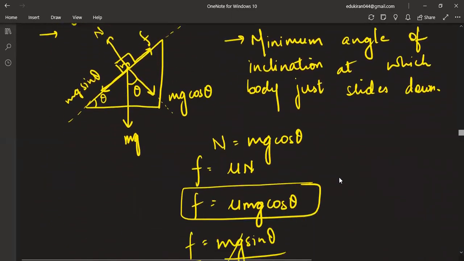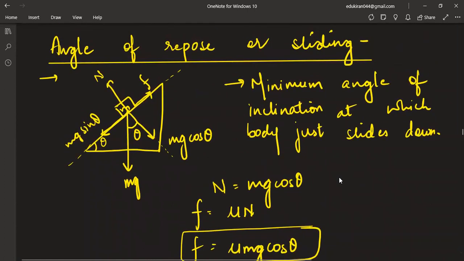This is your angle of friction, where mu is equal to tan theta directly. Angle of repose is when you have kept a body on an inclined plane, and as the body just begins to move, whatever the angle is at that point is known as the angle of repose. Angle of friction will always be this angle. Angle of repose won't be this.